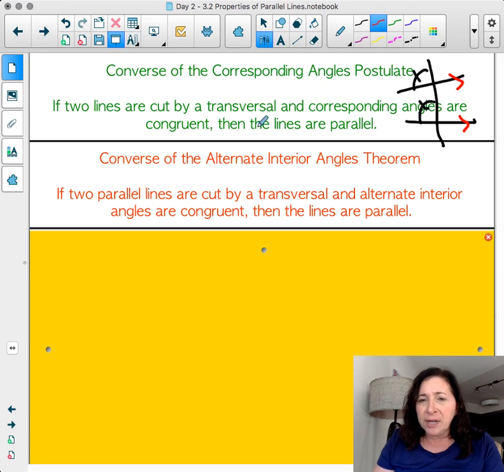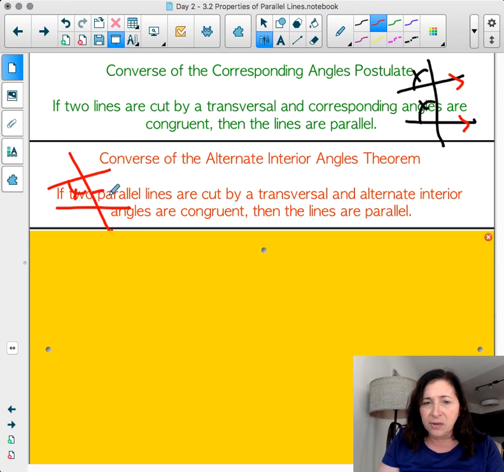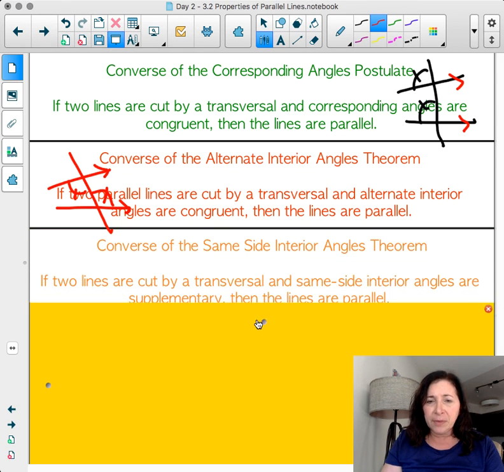Converse of the alternate interior angles theorem: if two lines are cut by a transversal and alternate interior angles are congruent, then the lines are parallel. Same thing: if I start off with two lines, I'm not sure if they're parallel, but I do know that this angle in here is congruent to that angle here, then these two lines must be parallel.